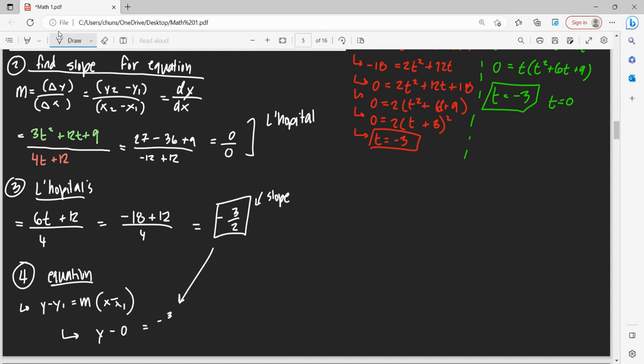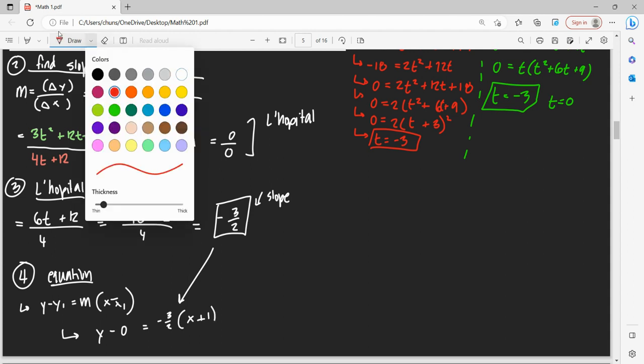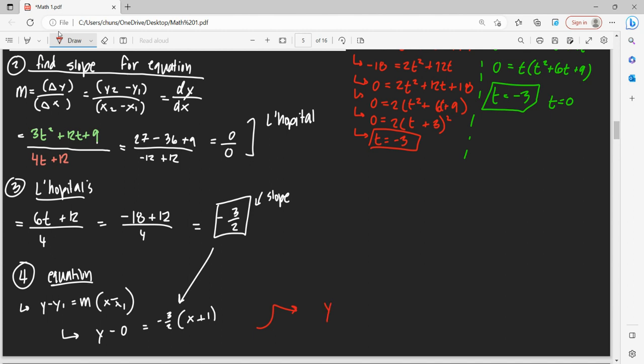Our slope that we just found, x minus negative 1. It's like saying plus 1. And you can just write this out. So our final answer is y equals negative 3 over 2 x minus 3 over 2. Okay, so that is our final answer for this question.